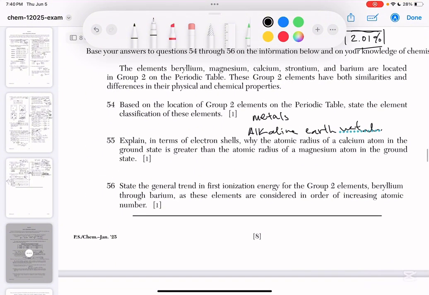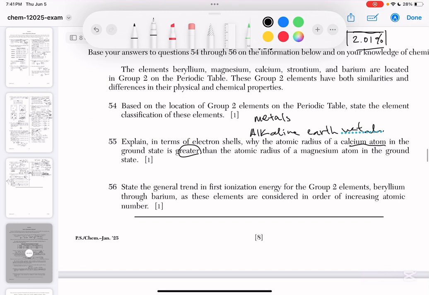In terms of electron shells, why is the atomic radius of a calcium atom greater than the magnesium atom? Okay, so if we look on the periodic table here, magnesium has only 3 electron shells, while calcium has 4. So the additional electron shell makes calcium have a greater atomic radius than magnesium.